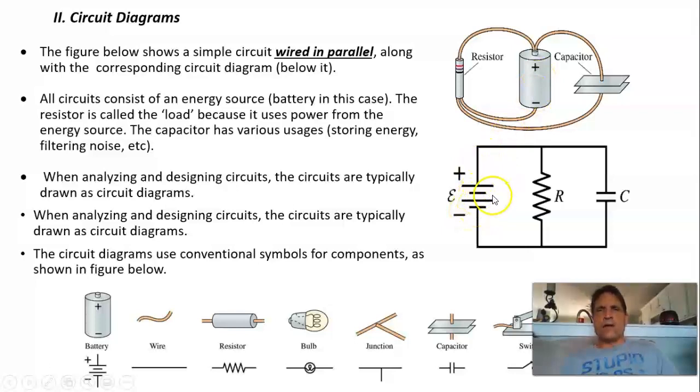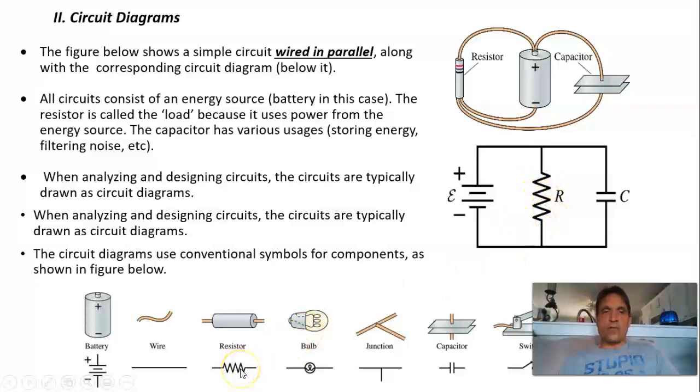The top terminal of the battery is connected to the top terminal of the resistor using a wire. We draw the wires as straight lines, and we typically use straight lines instead of curves, but it doesn't matter. The resistor is denoted by all of these squiggly lines.